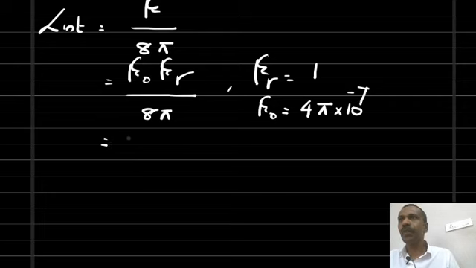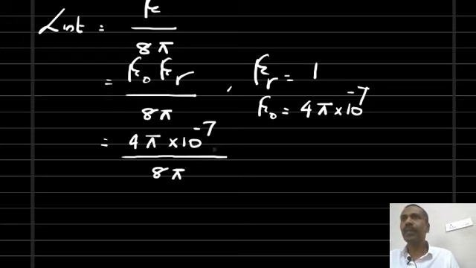So which is equal to 4 pi into 10 raised to minus 7 divided by 8 pi. The pi getting cancelled. So this can be written as 10 raised to minus 7 divided by 2.